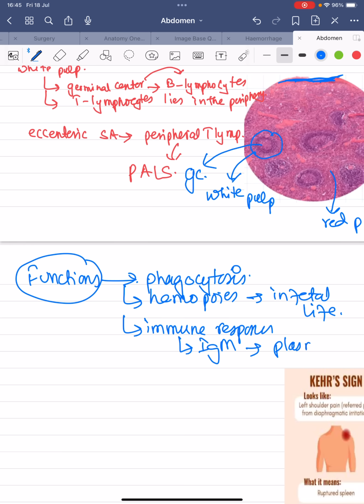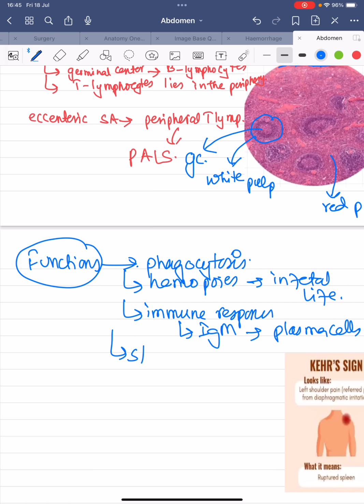Storage of RBCs, removal of old RBCs. And if there are disorders like hereditary spherocytosis, the RBCs cannot pass through these cords and they are going to be destroyed. So it is also a function of the spleen.